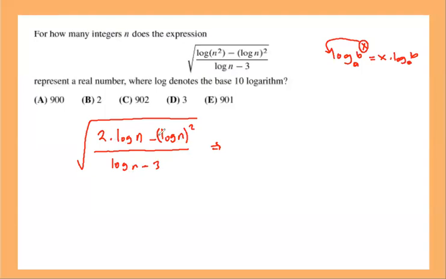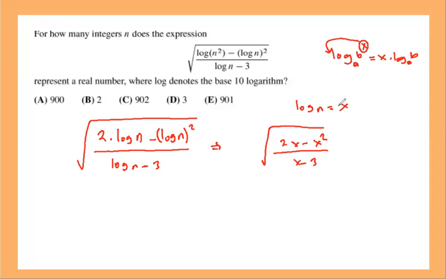Since all the terms have log n, you may either pull it out as a factor or do a substitution if you like. I can write log n equals x. If you do so, you will get 2x minus x squared over x minus 3, because that is usually what we see a lot.